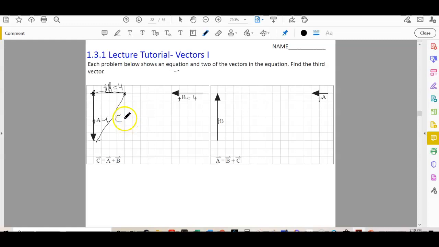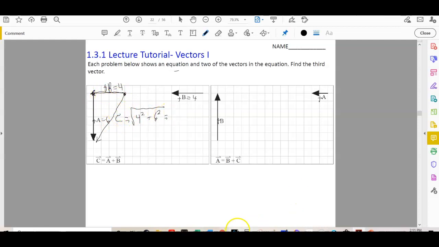What I want you to do is actually give me that length too. So the C vector is going to be equal to the square root of 4 squared plus 6 squared. If you add these vectors together correctly, and he's only giving you vectors up and down and left and right, then you're going to form a right triangle, and then you could give me that component.